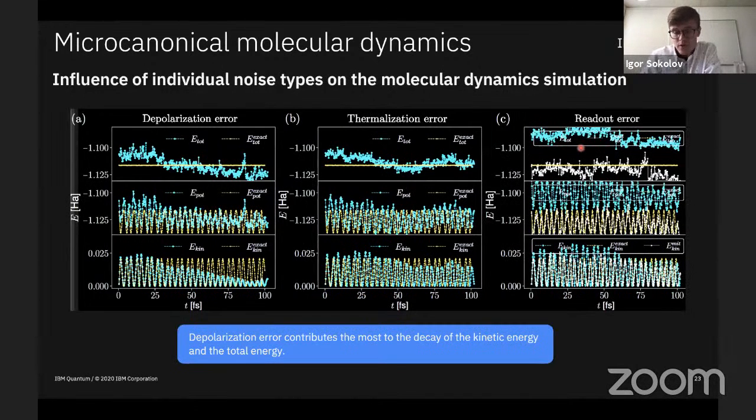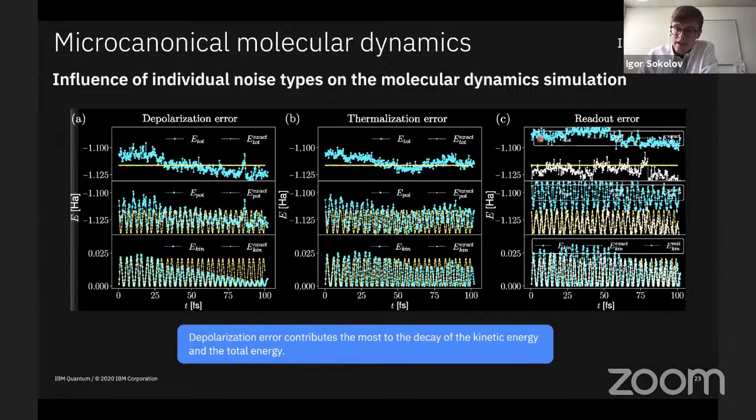Also, the readout error, if we do not employ the readout mitigation, which Panos explained this morning, uses a calibration matrix to reduce the error. Here we have this large gap in the total energy, as we previously saw when we don't employ any mitigation, and we're not in chemical accuracy.